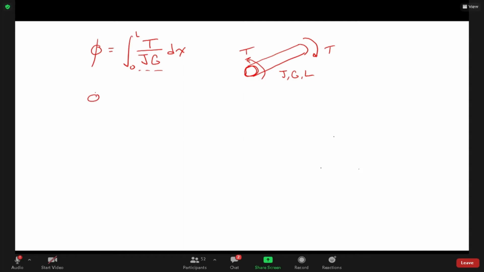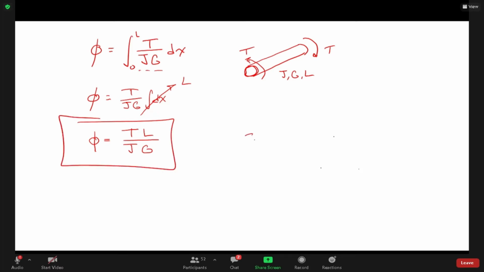They come out, and we just get T over J G integral dx. And this is just going to go to the length. So we get that the angle of twist is the torque times the length of the shaft over J times G. All right. So again, it's totally analogous to when we did the axial problems.